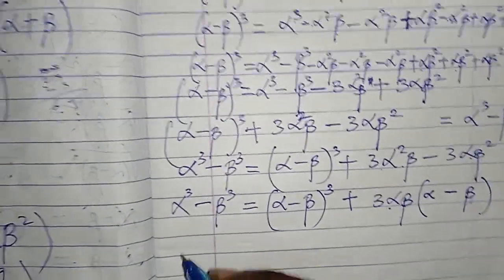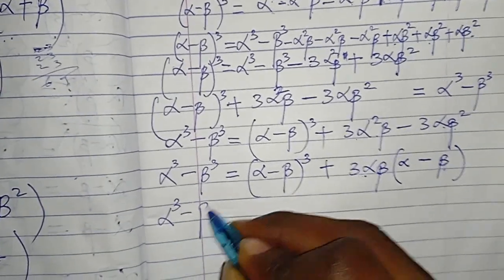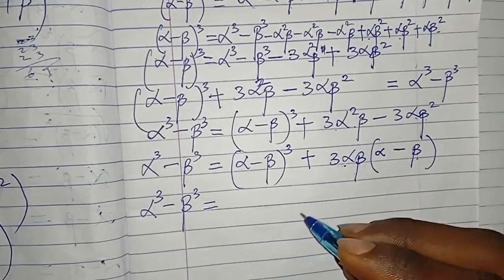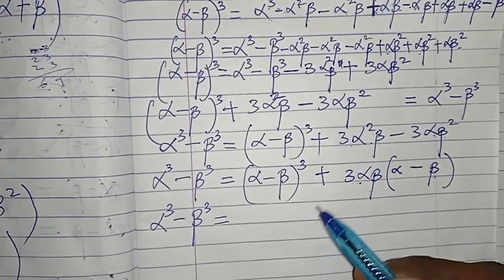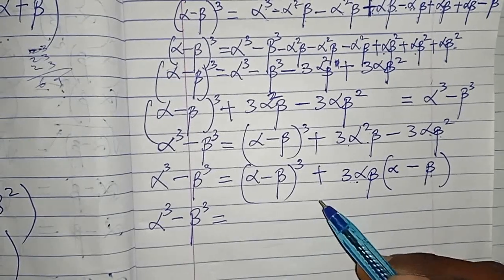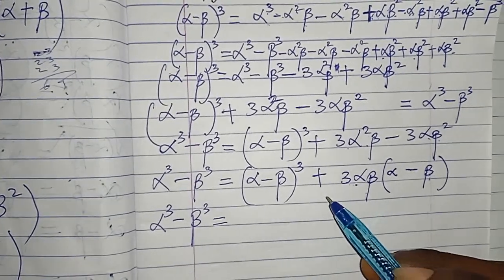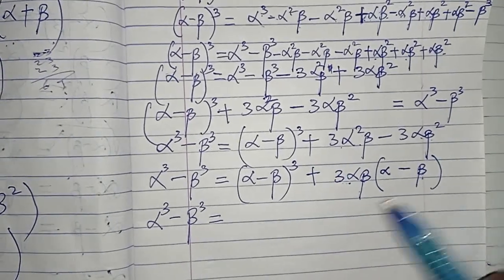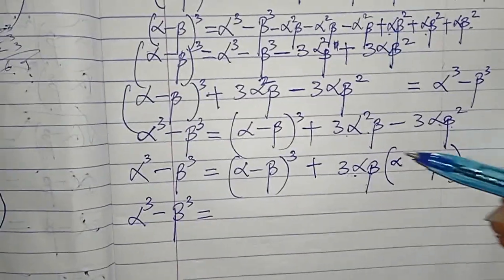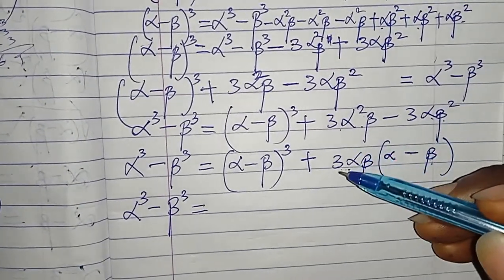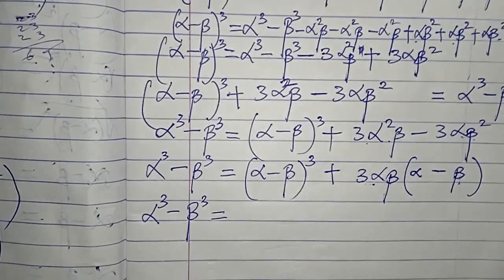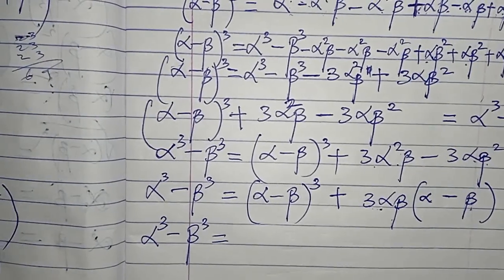Okay. So I now have that alpha cube minus beta cube is equals to, notice something. I could have as well, yes, I can still find a way to go about it, but whichever way you do, I'm checking my possibilities.